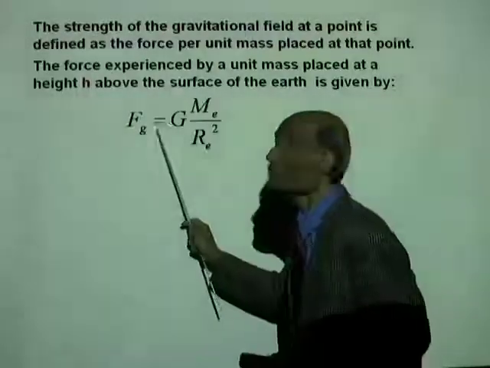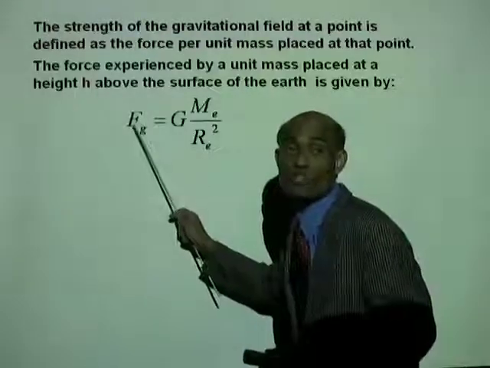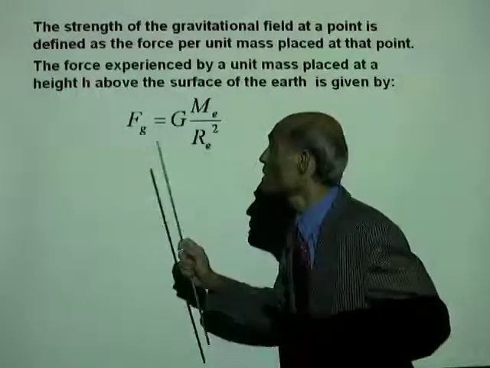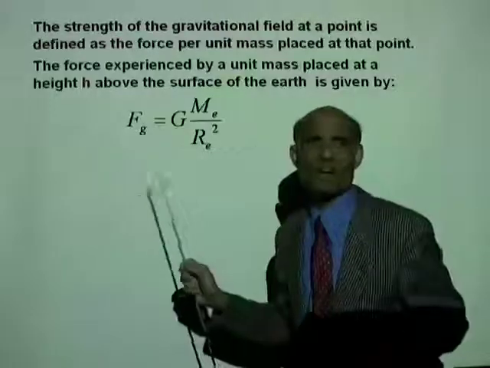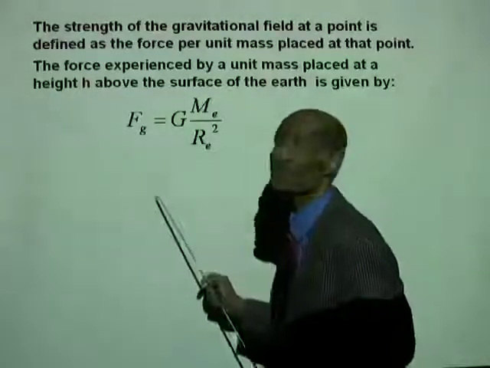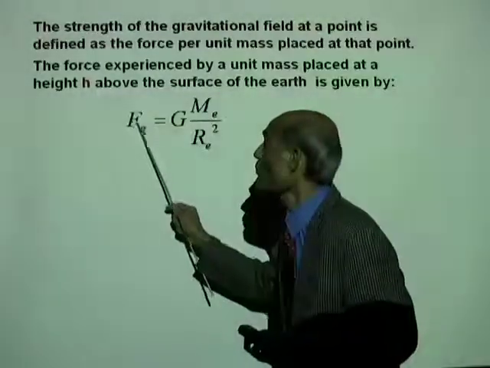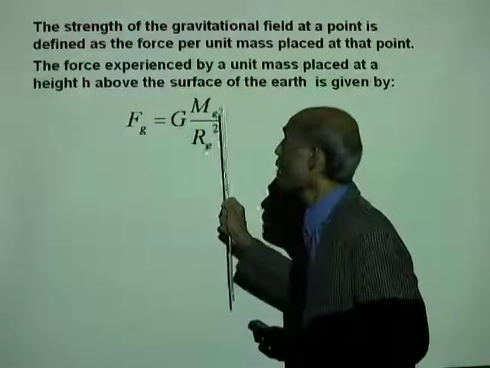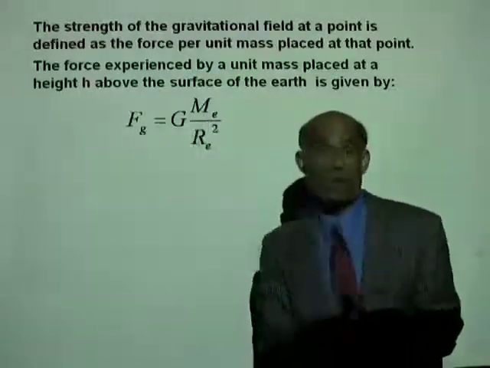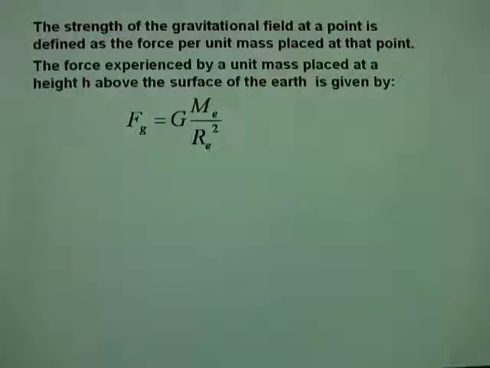Well, this is the equation for the force experienced by an object placed on the surface of the earth, where h is 0. We say the force of gravity on a mass of 1 kilogram. Now, if you remember, this is our original equation.